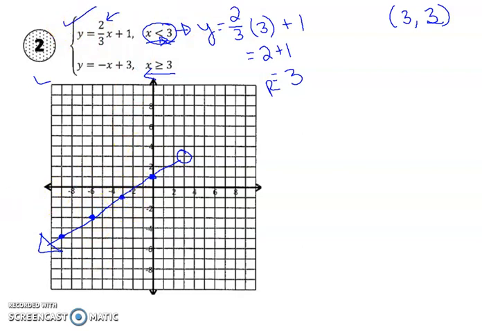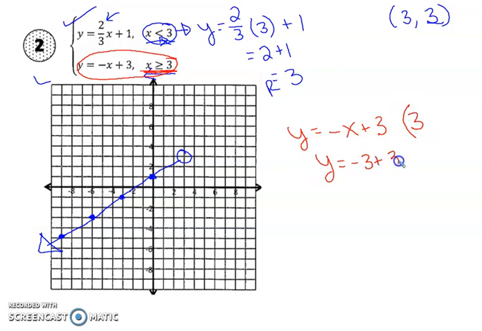Let's grab a red to do the second one. I'm going to do this equation, y equals negative x plus 3. And I always plug in whatever my boundary is, 3 for x. So y equals negative 3 plus 3. So what's y equal? 0. So over to 3, 0.